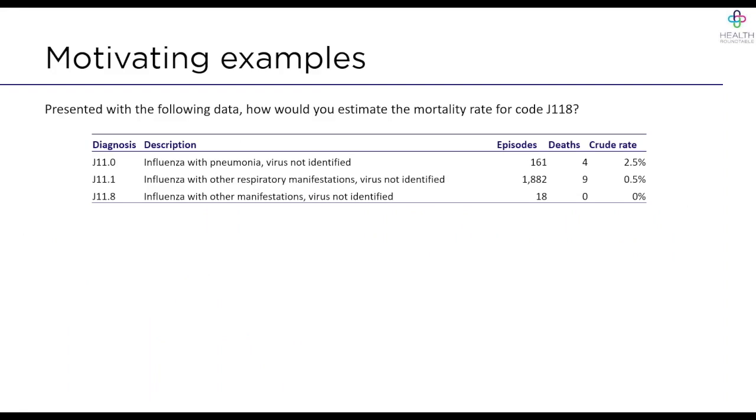Here's a motivating example. Let's suppose we want to look at code J11.8. This is influenza with other manifestations, virus not identified. In our database we have 18 episodes, 0 deaths. So the crude rate here is 0%. Can we do better than this in terms of an estimate for our risk score?